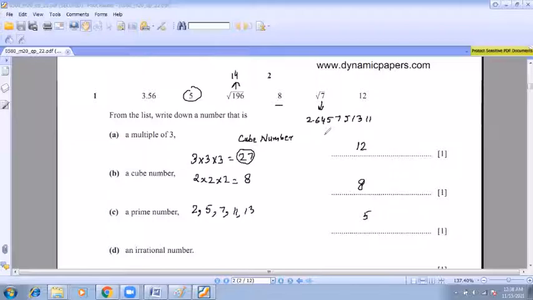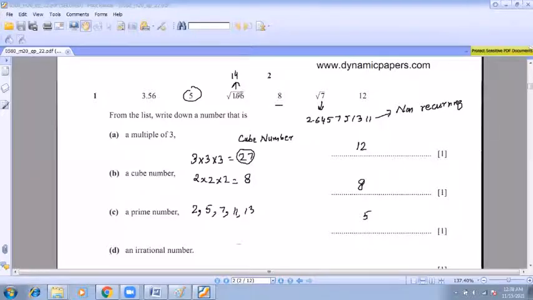If it is recurring, we can change it into fraction form, but this is not. After the decimal, there is no repetition of any kind of number, like 6, then 4, then 5. So this is non-recurring and non-terminating, so we will say that this is an example of an irrational number. So lastly, for an irrational number, we have the square root of 7.